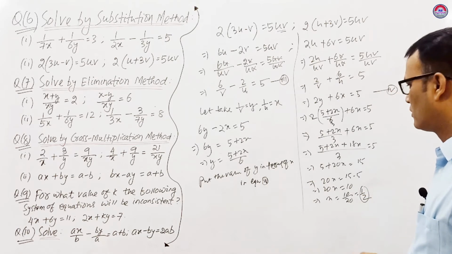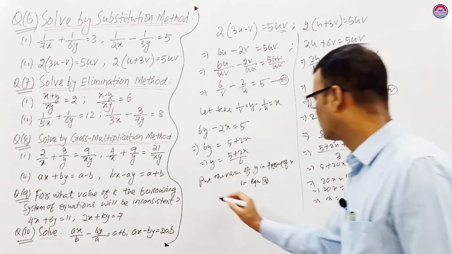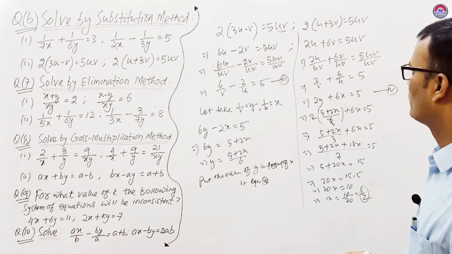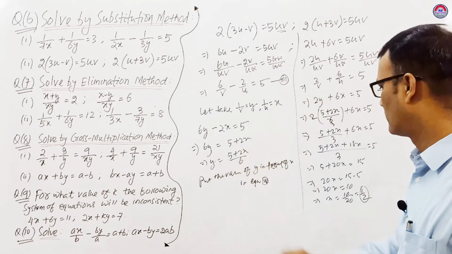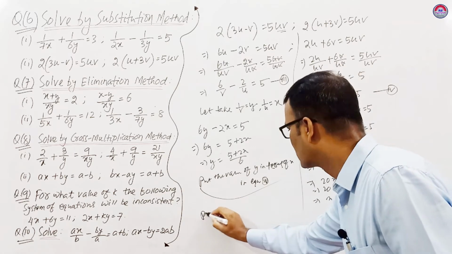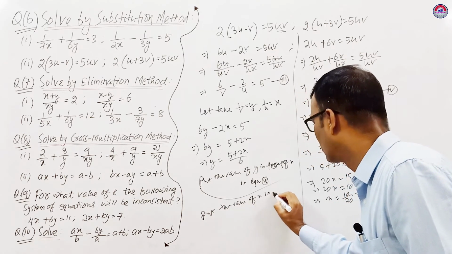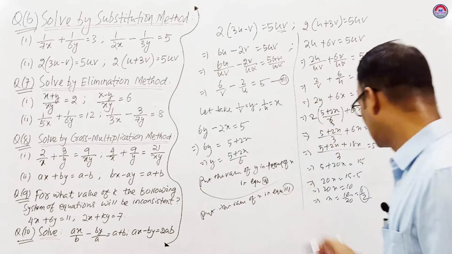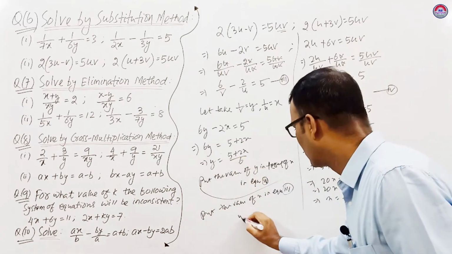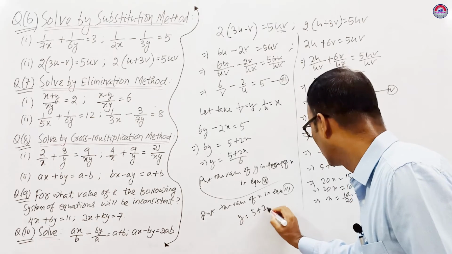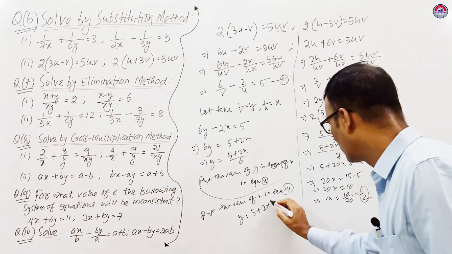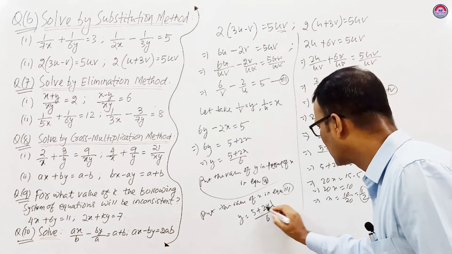If x is 1 by 2, put the value of x. Now put the value of x in equation 3. You see, this one y equal to 5 plus 2 into x value is 1 by 2 divided by 6, cancel.